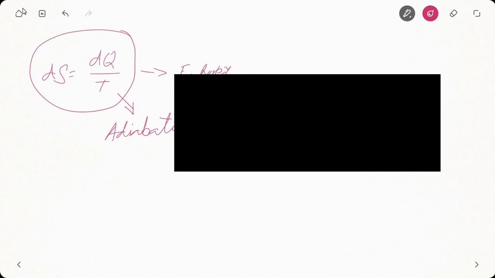So an isentropic relation is essentially an adiabatic relation as well. So instead of dealing with S, we deal with P by rho to the power gamma, which is equal to constant. This is the relation for adiabatic.